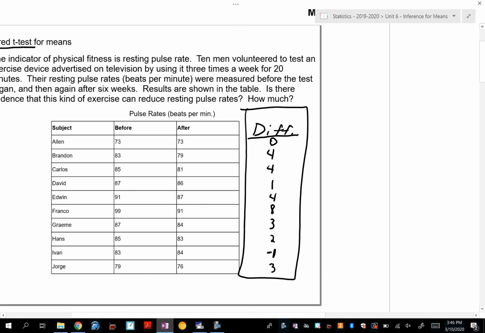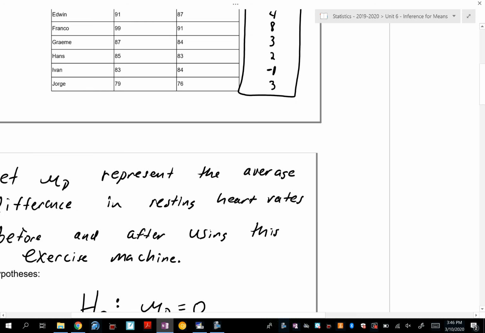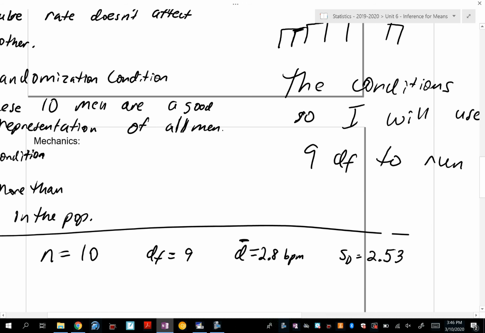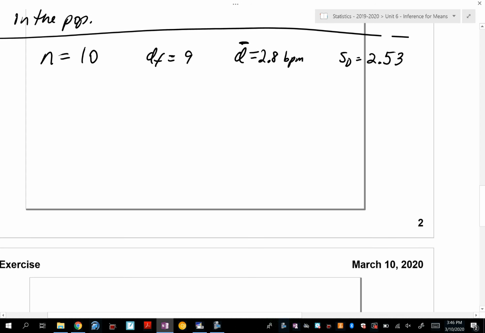Did you type in the last 3 at the end? See how there's a 3 here? Got it? All right, what'd you say? D bar is 2.8. X bar, D bar, Y bar, all the same. Bars, averages. You probably typed in the before or after column, right? All all I care about is the difference column. Good, got it? Good.